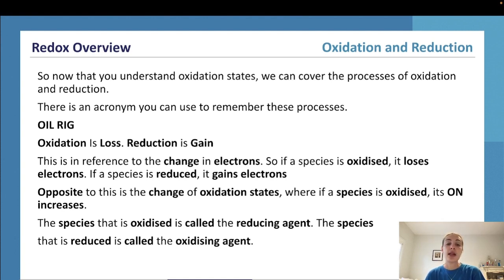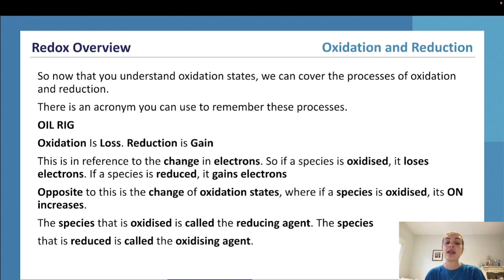When the species is oxidized, it's losing electrons, but it doesn't just lose these electrons to nowhere, because you can't create or destroy electrons. So it's losing these electrons by transferring them to the species which is being reduced, hence it being called the reducing agent, because it loses its electrons and donates them to the molecule which is going to gain the electrons.